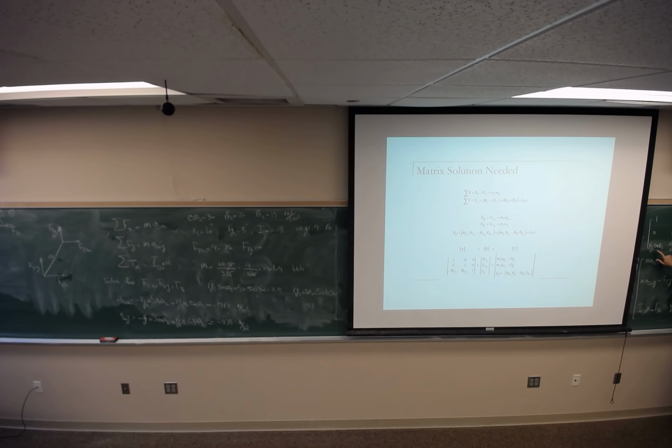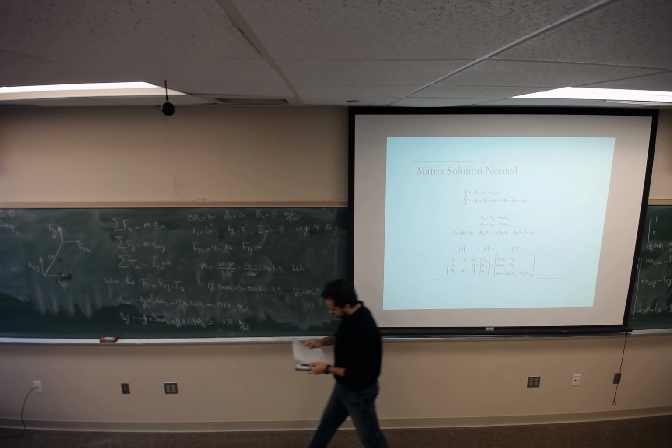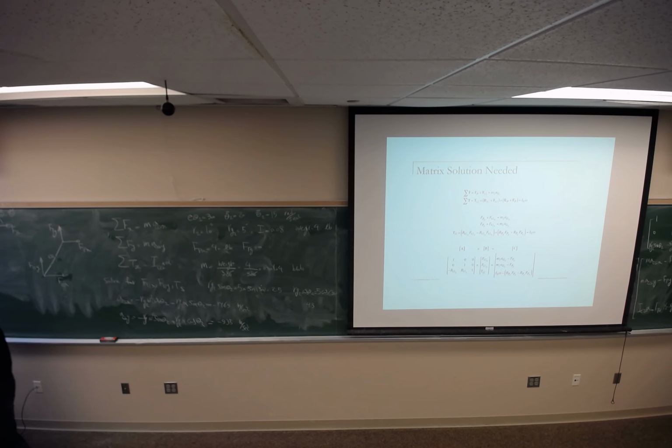So this term is going to be 2.5, this one is going to be negative 4.3. The matrix is 1, 0, 0, 0, 1, 0, 2.5, negative 4.3, and 1, times F12x, F12y, and Ts.